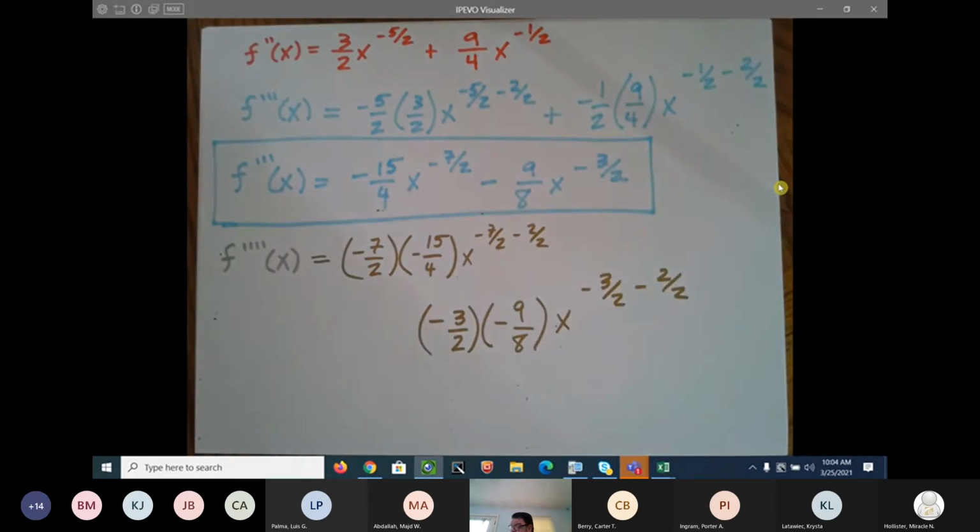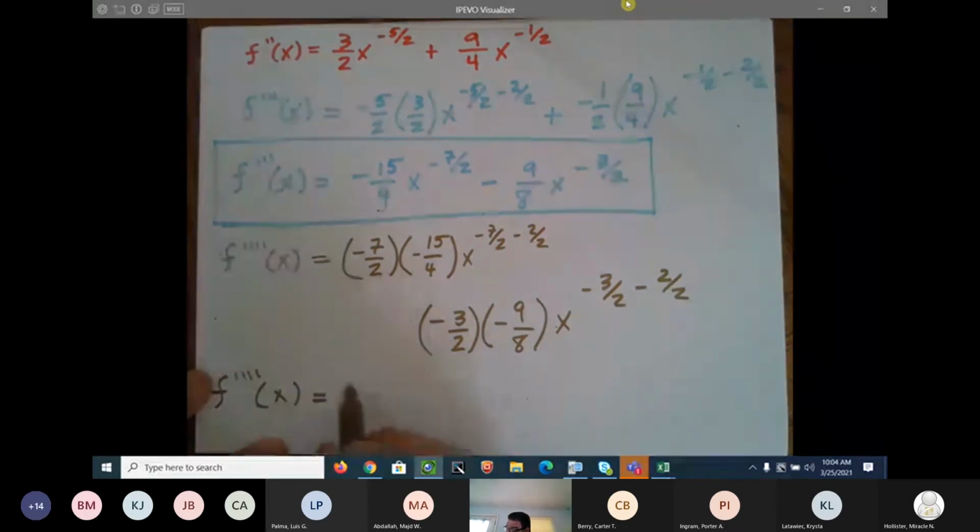Phew, that marker stinks. F to the fourth prime of x, and you don't have to put those primes. You can put an F to the 4 right there if you wanted to. That's going to be what, 27/16? Oh, no, I'm sorry.